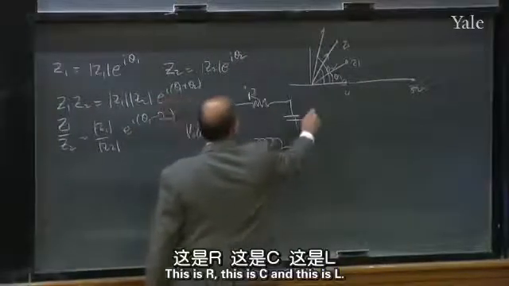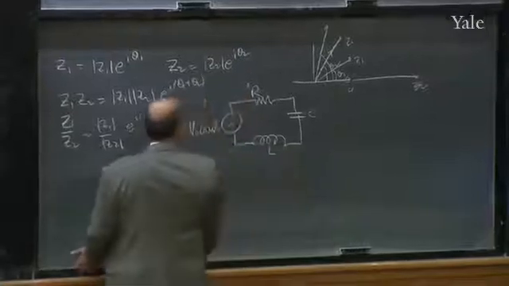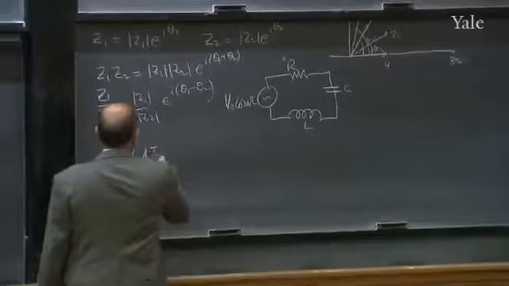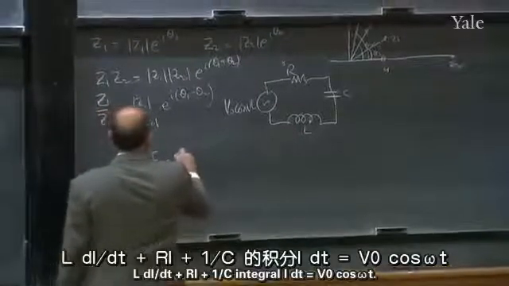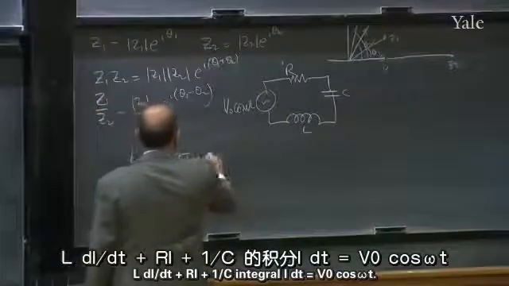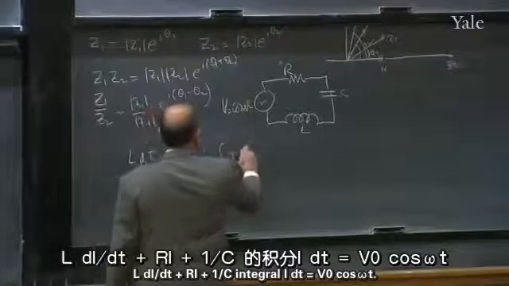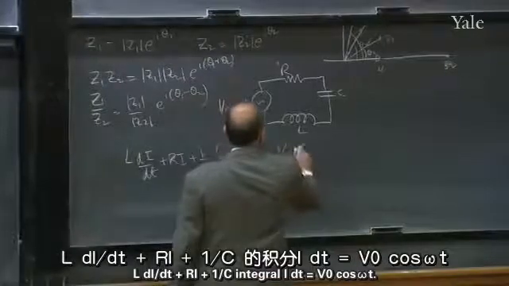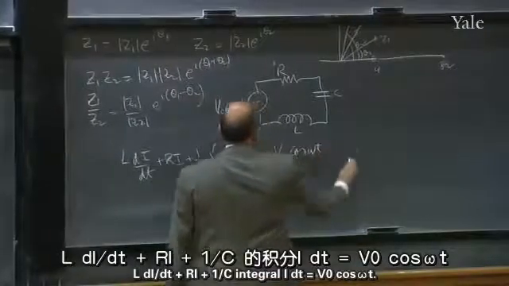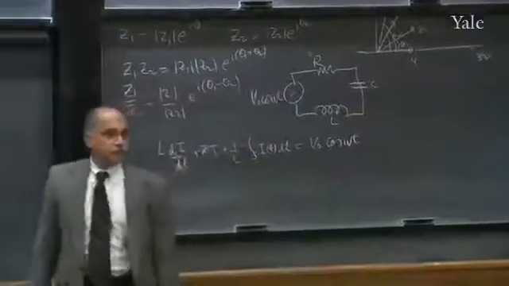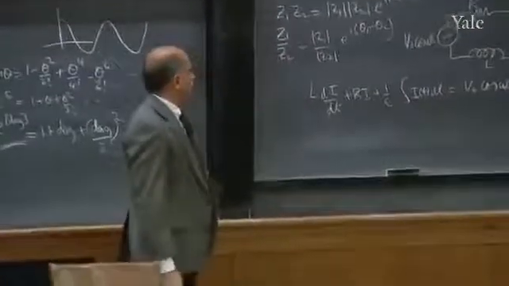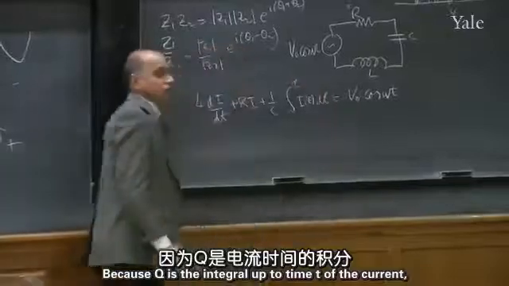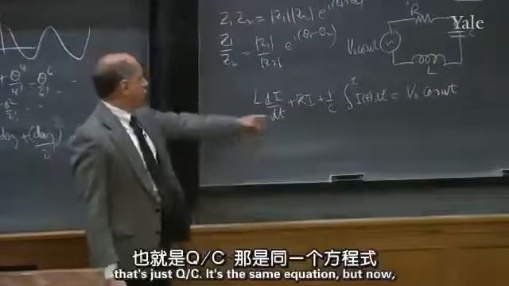This is R, this is C, and this is L. And the equation we have to solve is L di/dt plus Ri plus 1 over C integral of I dt is equal to V0 cosine omega t. Because Q is the integral up to time t of the current. That's just Q over C.